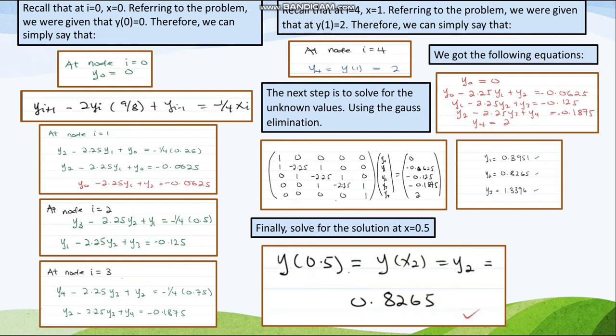And y sub 2 was already answered earlier, which is equal to 0.8265. And this will be our final answer. y of 0.5 is equal to 0.8265.